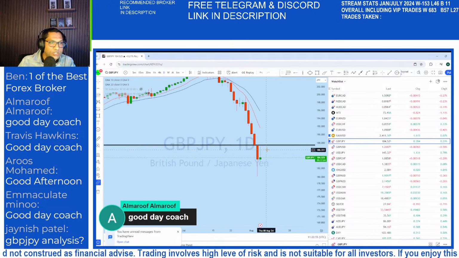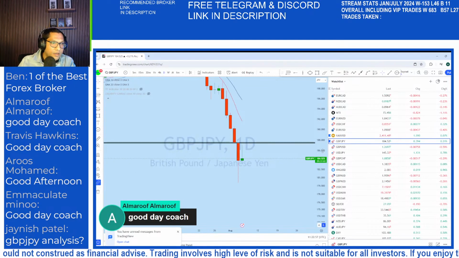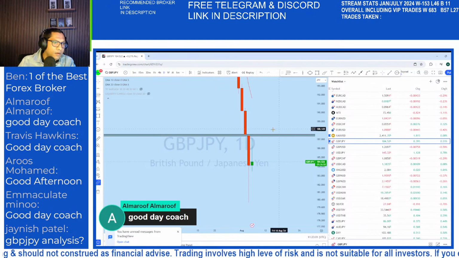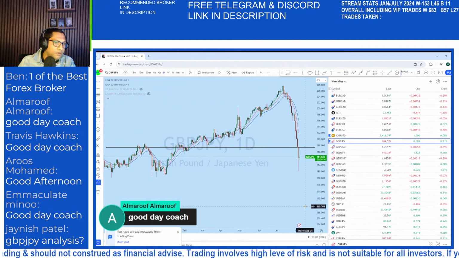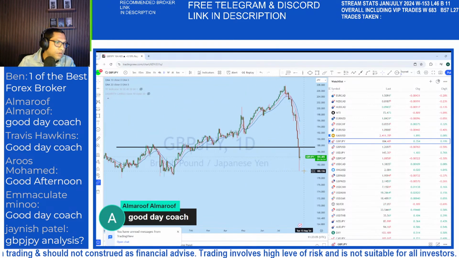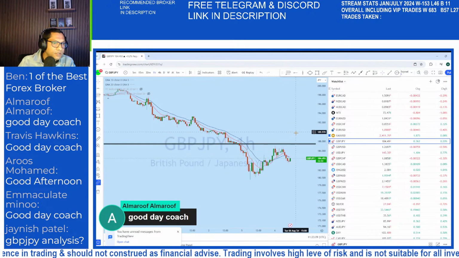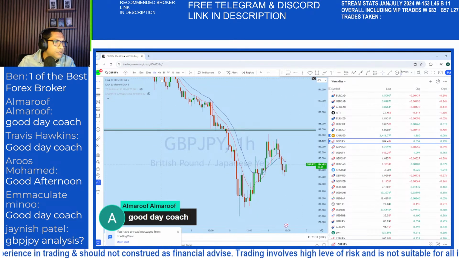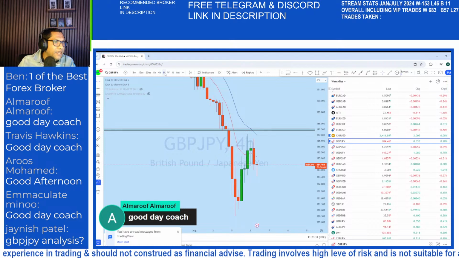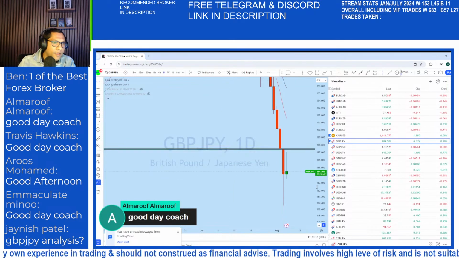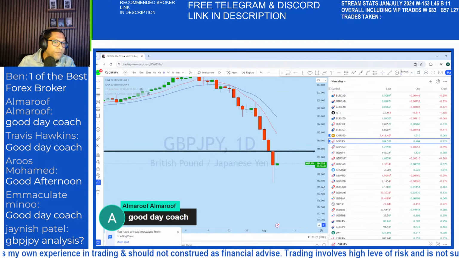Today's market on GJ, we can see that there is potential for another retest. If we look at the daily resistance, you can see this is the gap opening and this is the previous daily high.